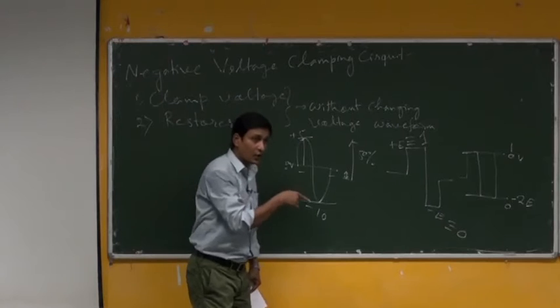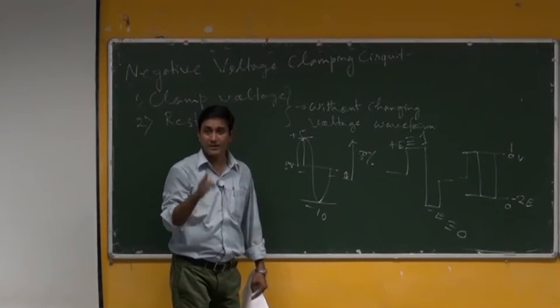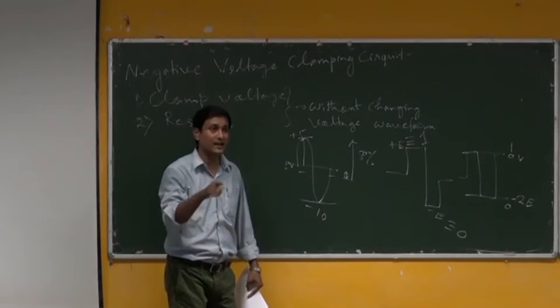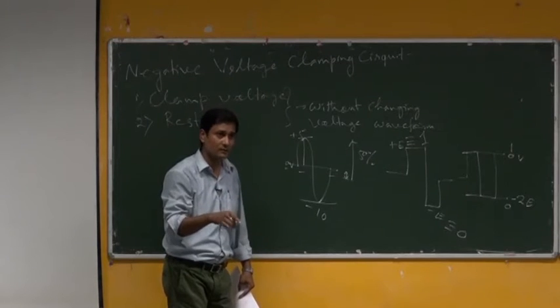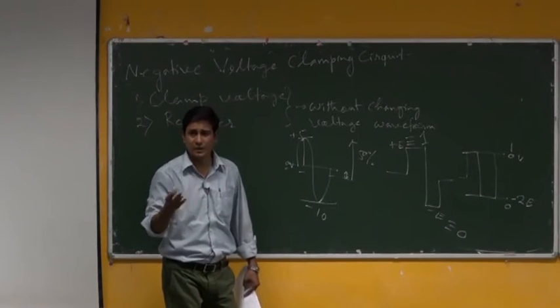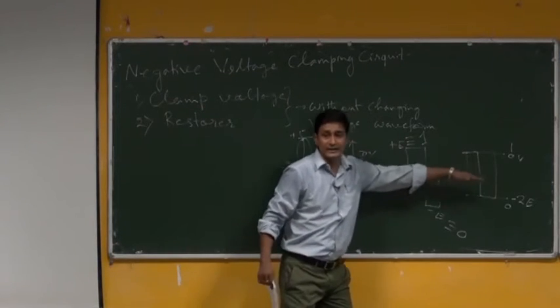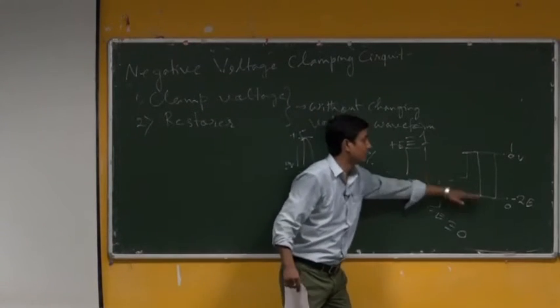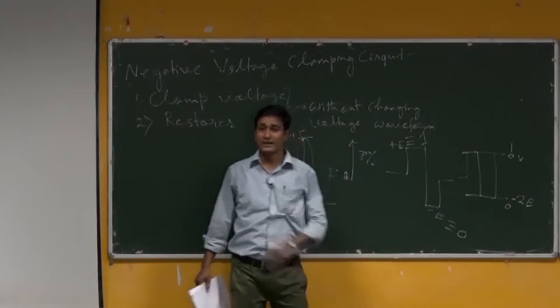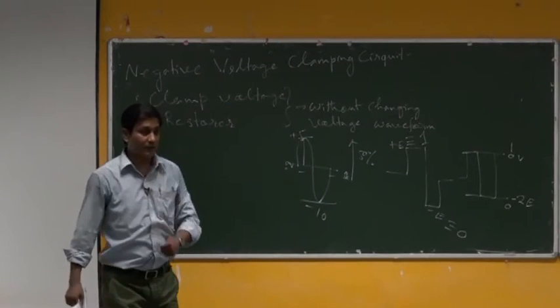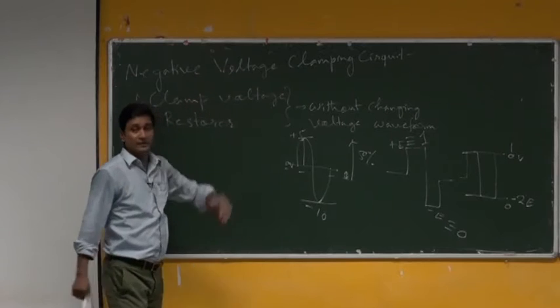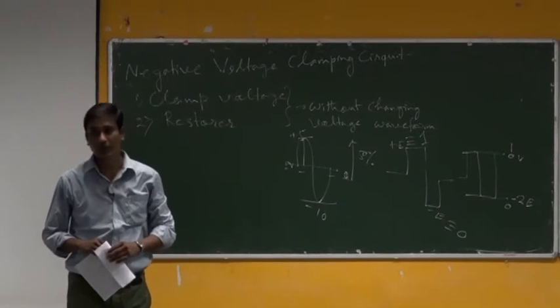Now 0 volt is one state and minus 2E is the 0 state. That can easily be used, because we want only the information which is there in it. So, without changing this, if I want to change the reference value there, that kind of action can be done by clamping circuits. So, we are for that.